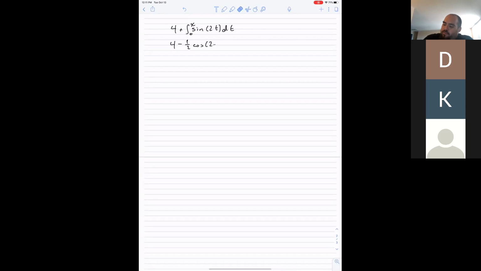How do we feel about that, everyone? I think so. Okay. So now we need to evaluate that at x and 0. What happens when I continue from there? I guess I should keep this separate. So when I evaluate it at the limits, what do I get?